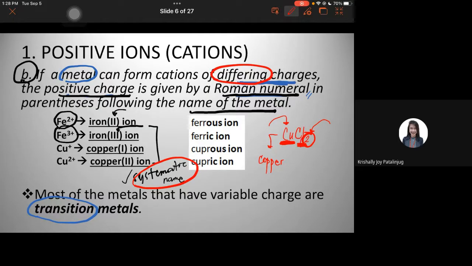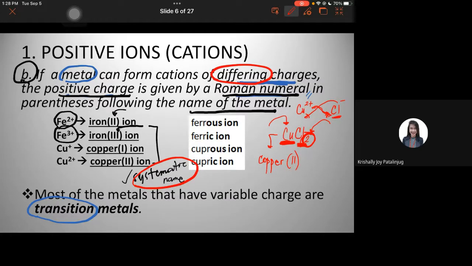Because looking at the formula of the compound, you are seeing a subscript 2 placed after chloride. That comes from the numerical value of the charge of copper. It comes from copper 2 plus, crossed over, and it becomes the subscript of the chloride atom.